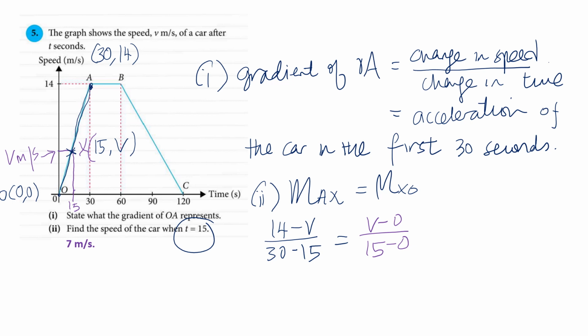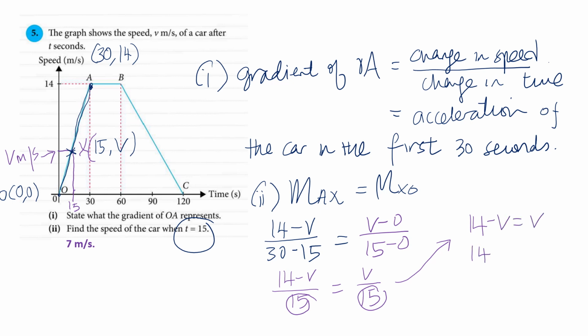Alright, so let's simplify the equation. 14 minus v is still 14 minus v. 30 minus 15 will give you 15. v minus 0 will give you v, and 15 minus 0 will be 15. You can see that you have the same denominator, so we can just compare the numerators: 14 minus v equals v.